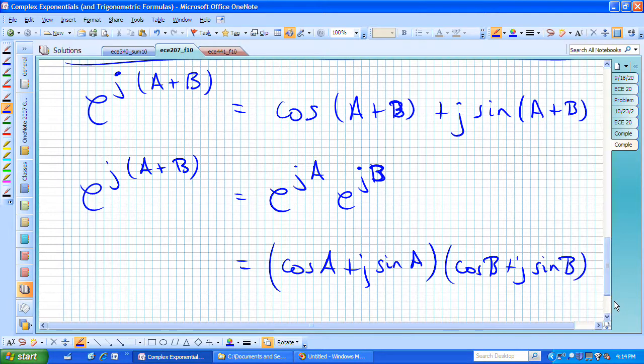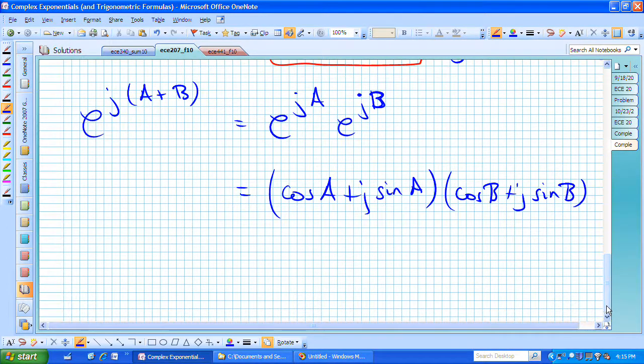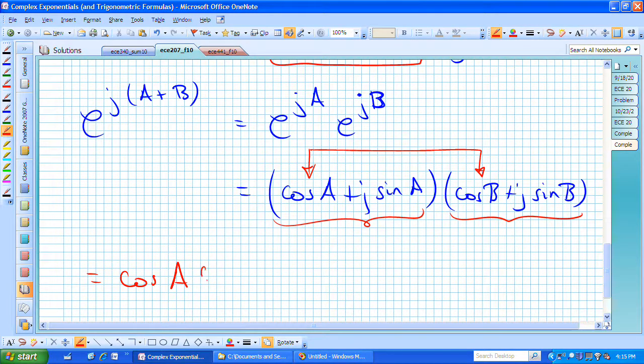If we multiply all of this out and look at the real part, that will be cosine of a plus b, and the imaginary part will be simply sine of a plus b. If we multiply this product of terms out, we're going to have this piece, and so that's going to be cosine a times cosine b.